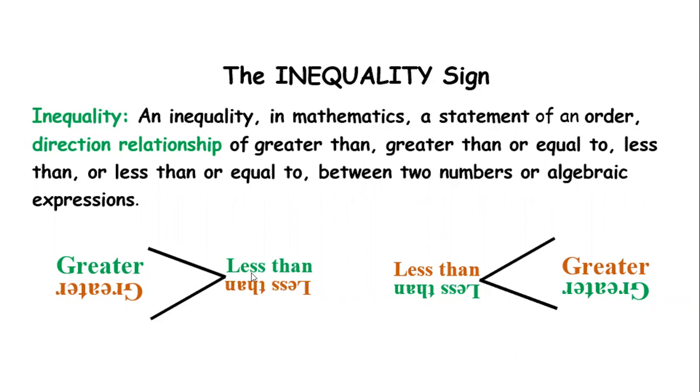If X is on this side, you will say less than. If X is on this side, you will say less than. If X is on that side, you will say greater than. It depends on where X is. So as a rule, you can start with the X. And as soon as you come from the X and you go to the sign, if you meet the opening, you say greater than. If you meet the point, you say less than.